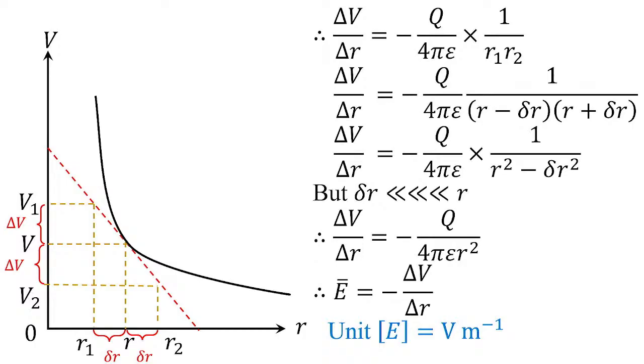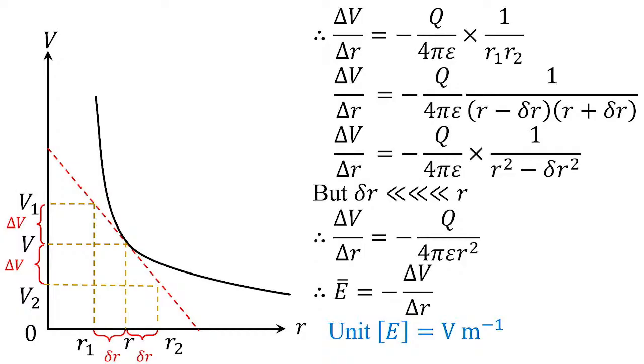So we introduce another unit for electric field intensity. Already we had a unit, Newton per Coulomb. Right? Okay?